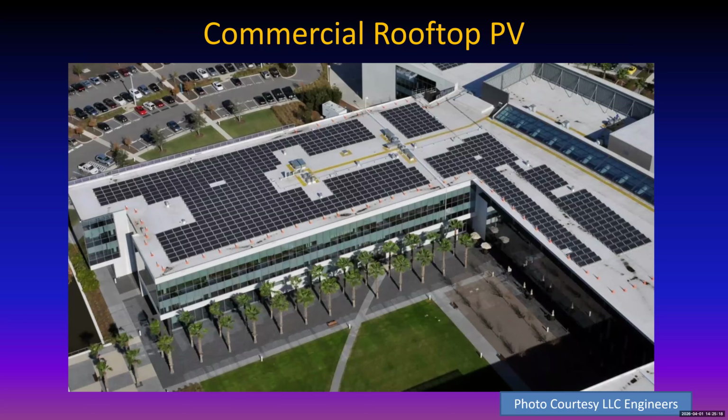Here's a nice commercial installation. Notice that these modules don't have very much of a tilt, do they? And the reason is you can put a whole lot more on a roof if you don't tilt them very much. And the loss in production for a 5-degree tilt versus a tilt at latitude is made up for by the fact that you can put more modules up there and you can still make more total energy, more total kilowatt hours by putting them closer together at a shallower slope.